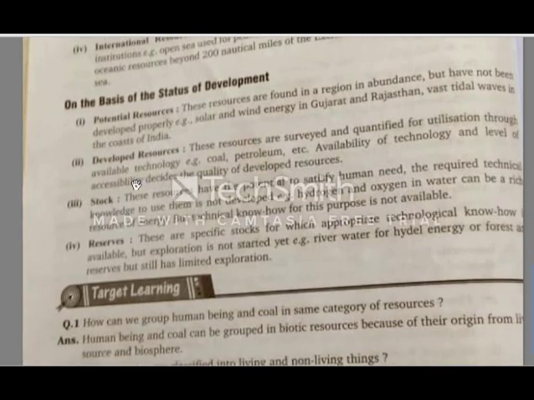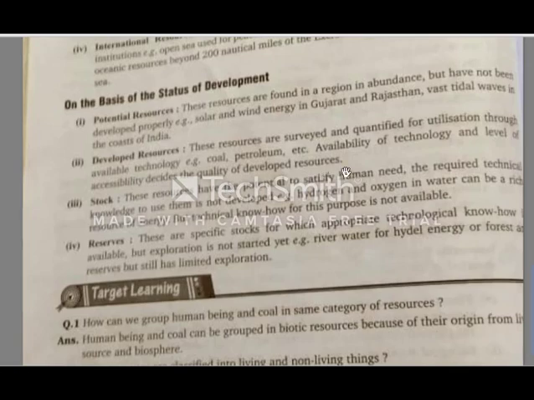Next point, developed resources. These resources are surveyed and quantified for utilization through available technology, such as coal, petroleum, etc. Availability of technology and the level of accessibility decides the quality of developed resources.